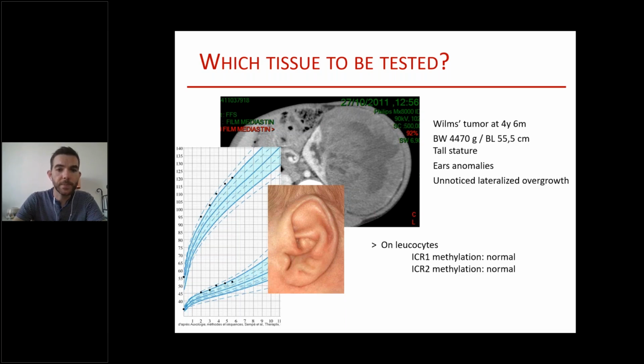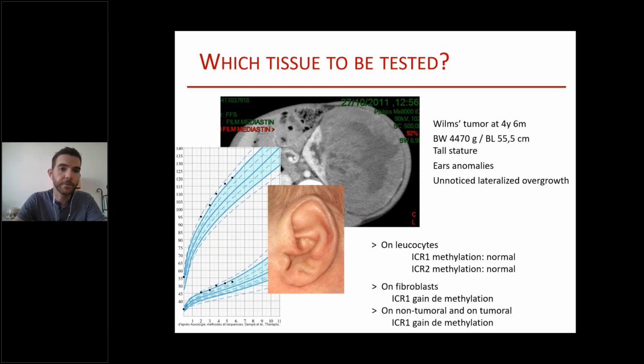So we suspected BWS for this patient, and we tested leukocytes for methylation at both ICR1 and ICR2, and we were quite surprised that the methylation at both ICR1 and ICR2 was normal.